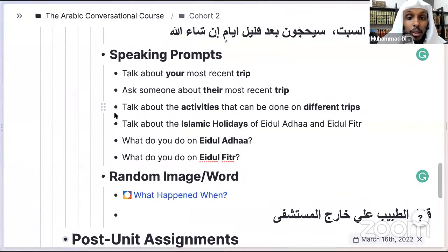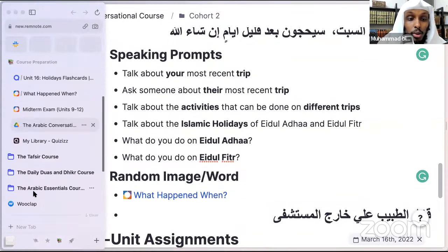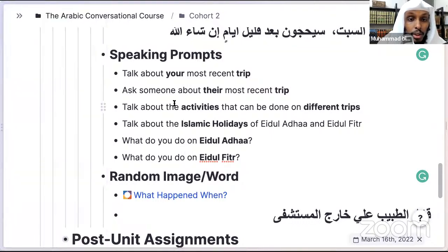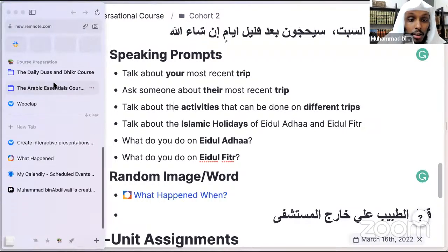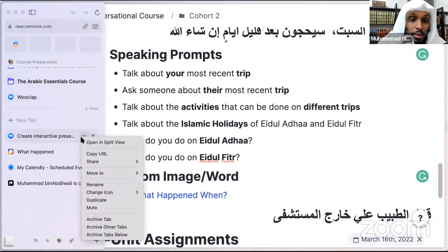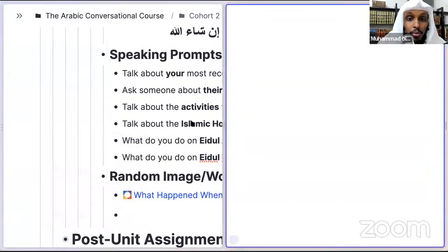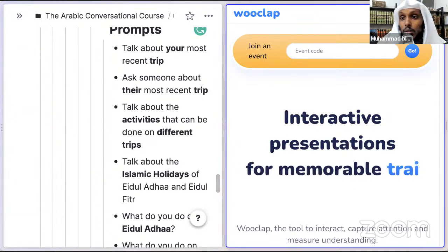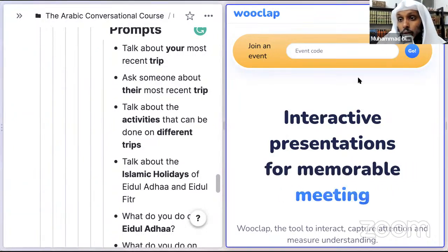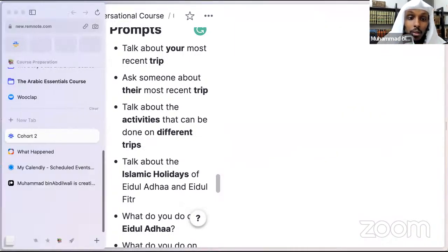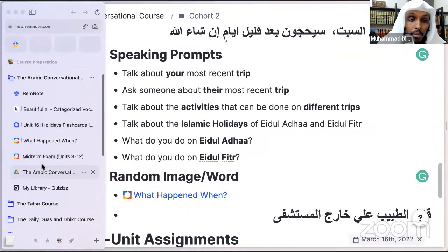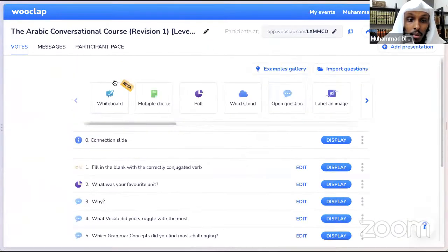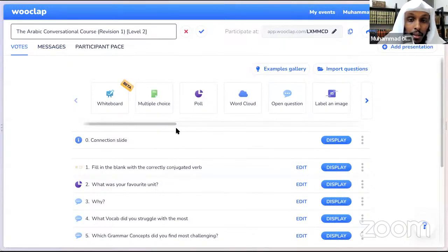Here we have some speaking prompts. So I want you to make a sentence or a paragraph using these prompts, inshallah. Okay? So let's open this one, split view. Okay, what happened here? Let's go back.